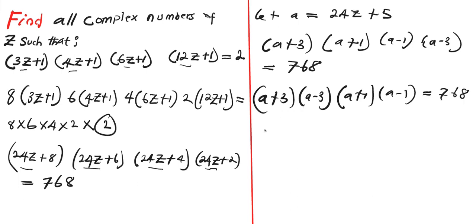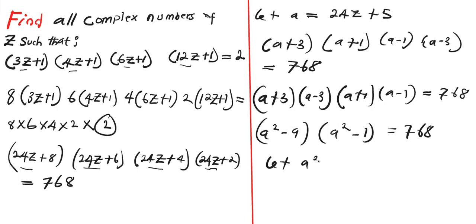This will give us (a² - 9)(a² - 1) = 768. Here we have a² and here we have a². We can say let a² equal b. So this will give us (b - 9)(b - 1) = 768.